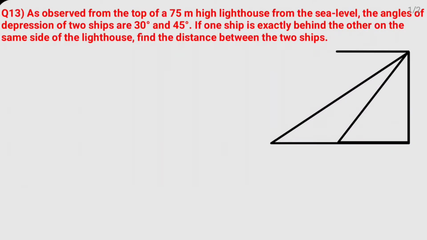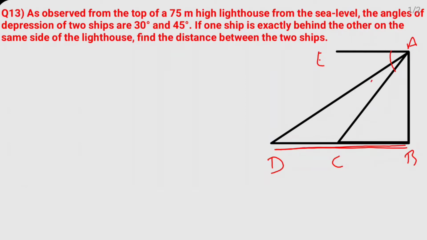Let me name here. AB is the lighthouse and this one is the sea level. Here C and D are two ships exactly behind the other one on the same side of the lighthouse, and here AE is the horizontal line, and from A the angle of depression to C is 45 degree.